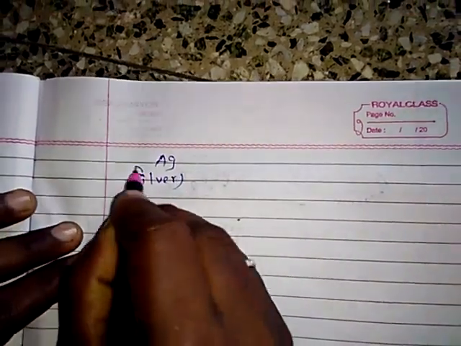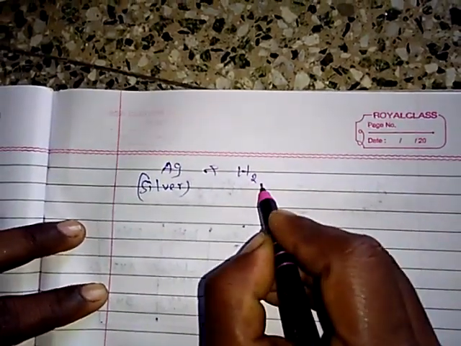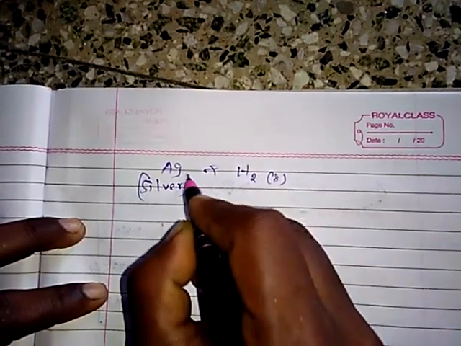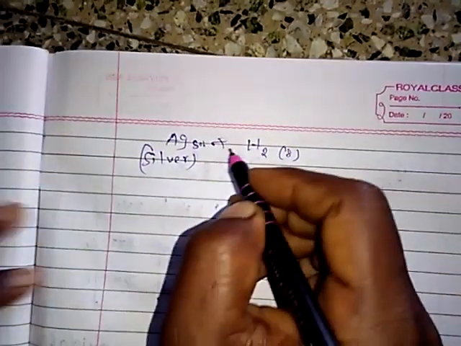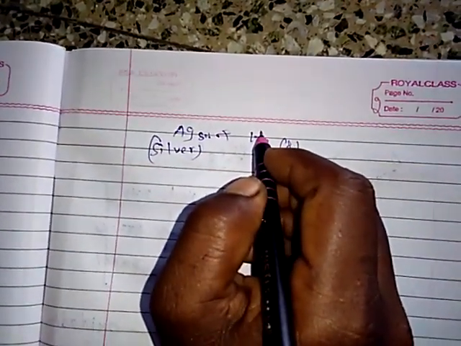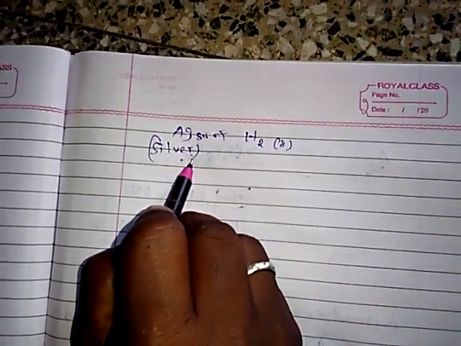Ag, silver, plus hydrogen sulfide. Hydrogen sulfide is a gas and Ag is in solid state.